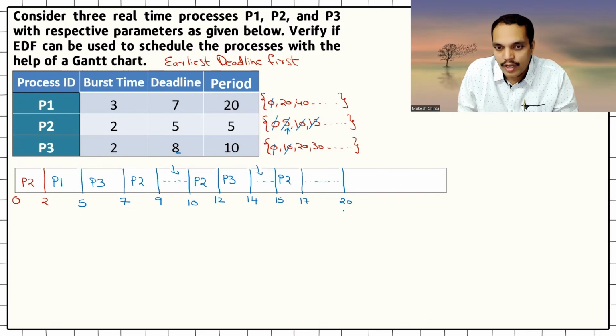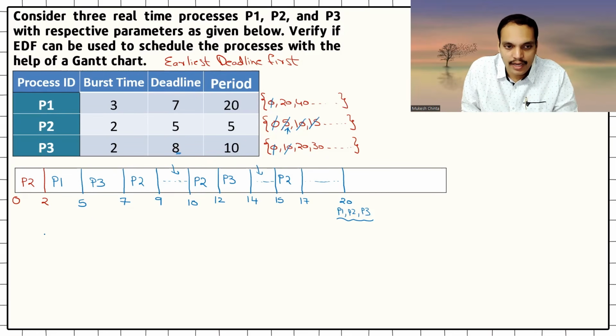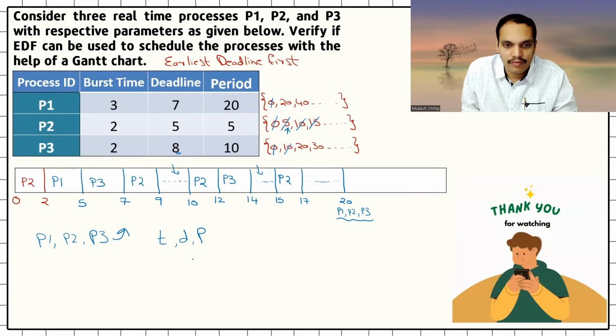At 20, I have once again P1, P2, P3 entering into the queue. Because the same pattern keeps repeating, with the current requirements given here, with these burst time, deadline, and period, I can assuredly say that these three processes can be scheduled using the EDF algorithm.